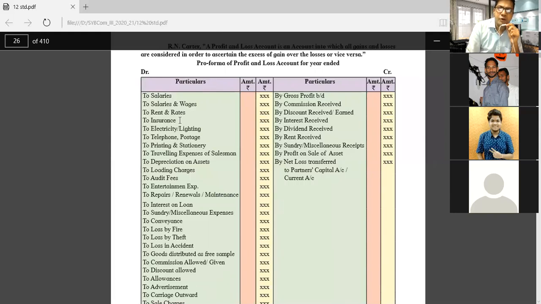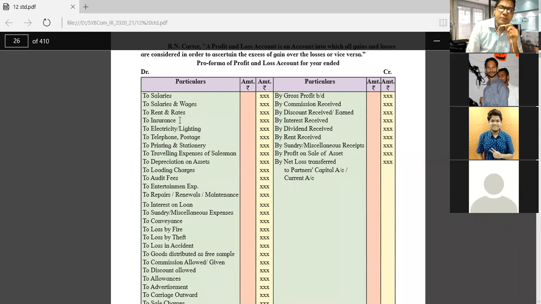If any kind of repair, renewal in the office premises, such expenses are related to the business. Interest on loan. If the partnership firm borrows a loan from bank, financial institutions, and if they pay the interest, it will be recorded on the debit side as a business expense.